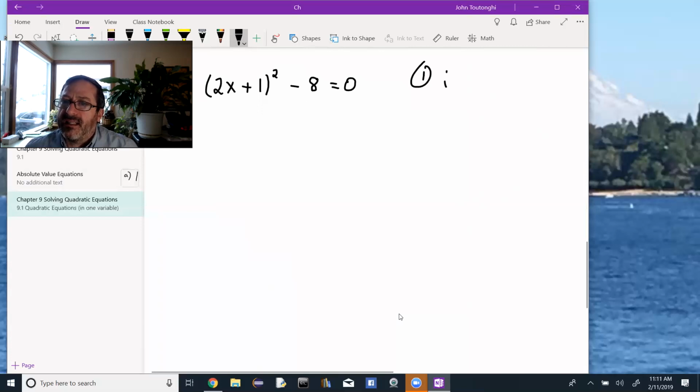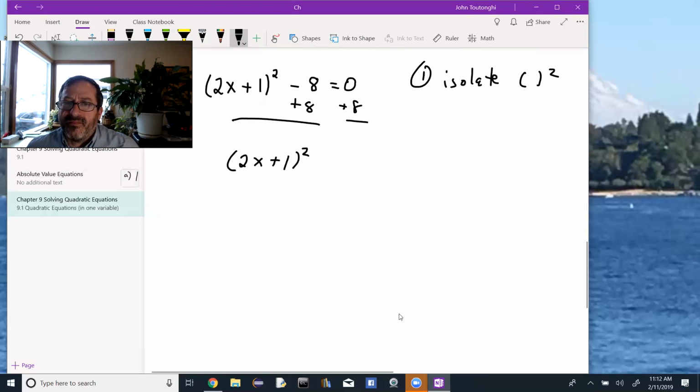We're going to isolate the thing being squared, which is the 2x plus 1, by adding 8. We get 2x plus 1 squared equals 8. The only way the square root undoes the square is if you have that square isolated.